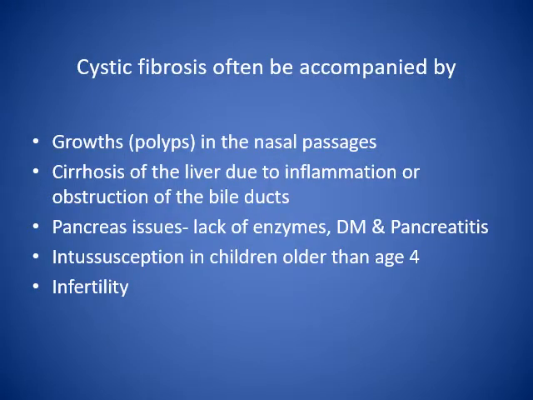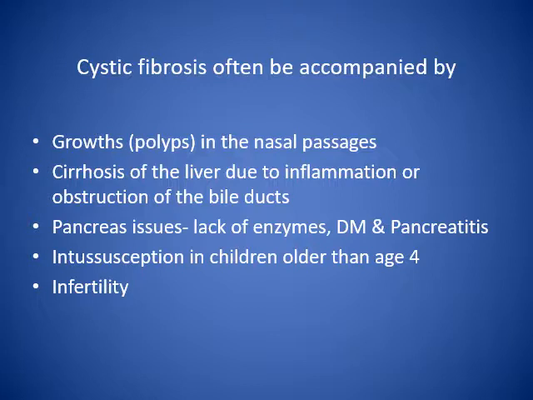Cystic fibrosis is often accompanied by polyps in the nasal passages. Sometimes you'll wind up with cirrhosis of the liver due to inflammation of the bile ducts. That's resulting from the inflammation or the malabsorption of the gut. You'll have pancreas issues. Sometimes children with cystic fibrosis will also develop diabetes mellitus type 1.